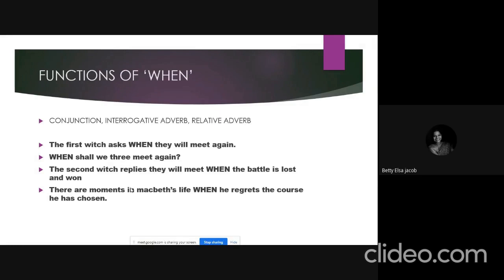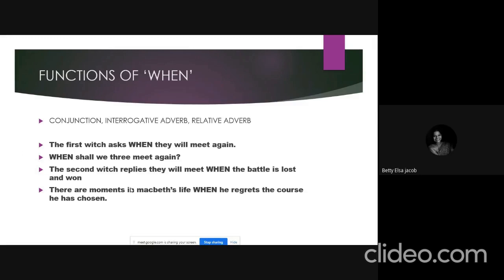When shall we three meet again? Now here, when comes in a question, so it is an interrogative adverb. Next one. The second witch replies, they will meet when the battle is lost and won. Now here, when is a relative adverb because it's not a question.